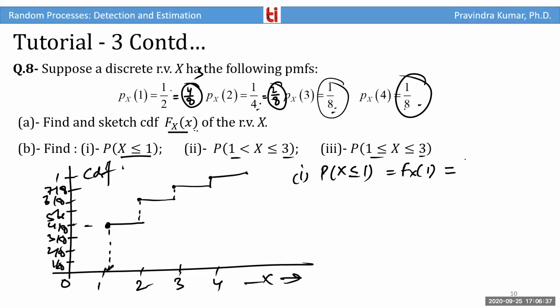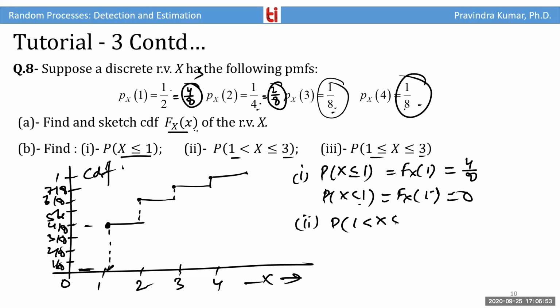And if I consider x less than 1, here you can see there is no probability, so it will be 0.